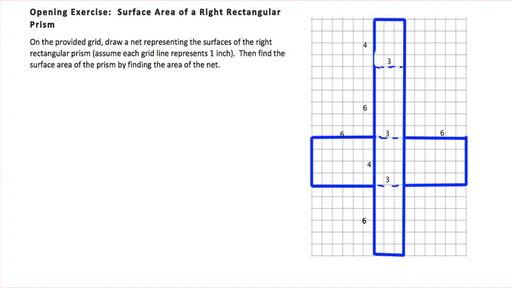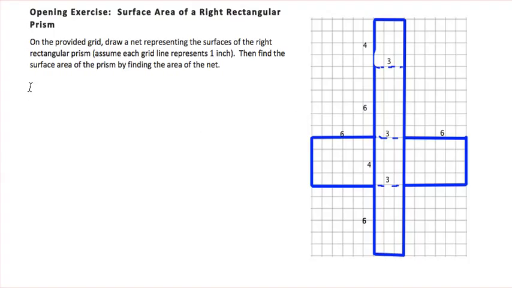So I've drawn the net and labeled the net, and it appears as if student material may or may not have a picture of the right rectangular prism.